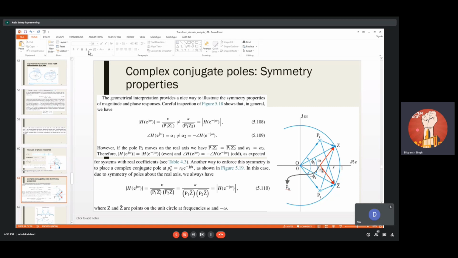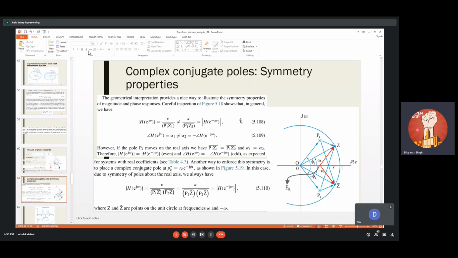This is a black arrow with pk written here. So it denotes that pk is moving on the real axis. So you can have real poles on the real axis, or you can have complex poles. Okay. So what happens when you have complex conjugate poles?